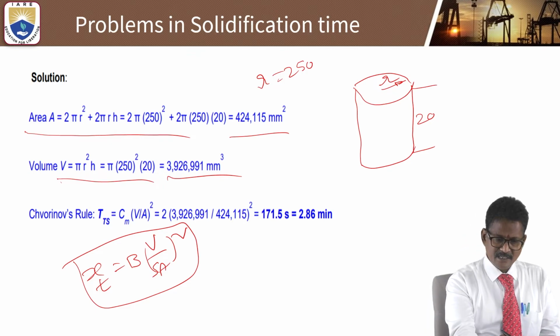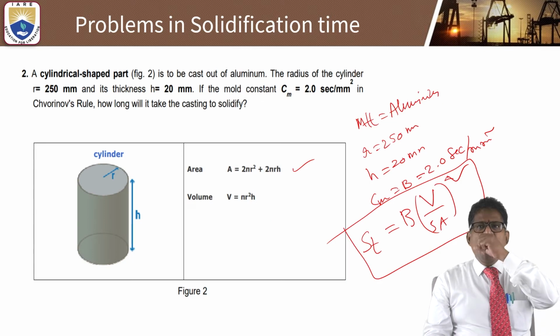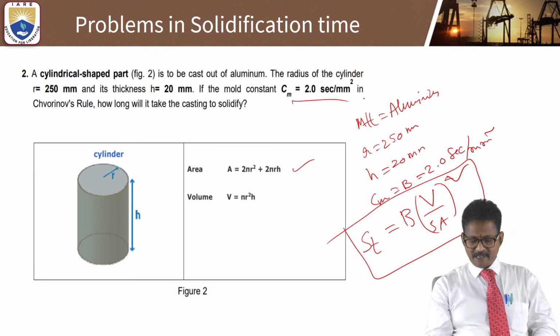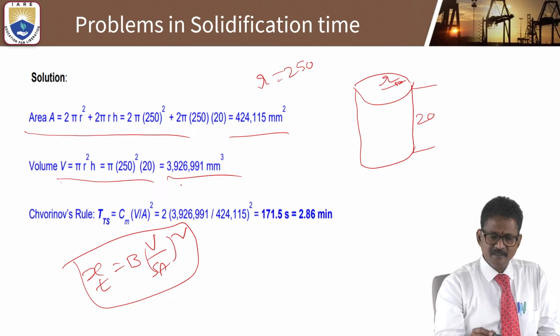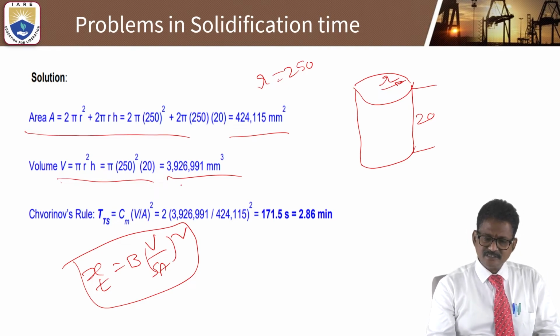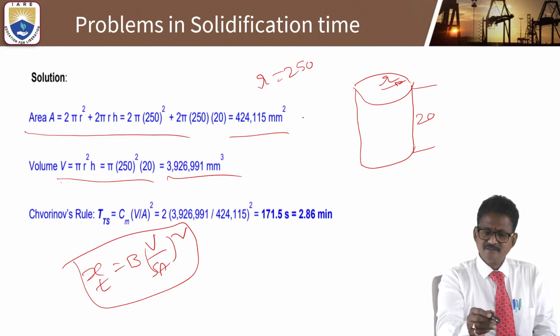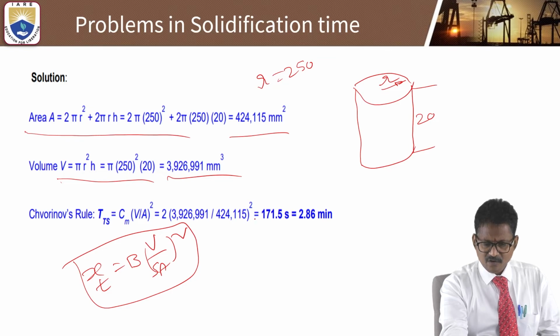Here B is the constant, which is given as 2.0 seconds per mm square. So you can substitute here 2 into the volume, 39 lakhs 26,991, divided by the surface area, 4 lakh 24,115, whole square.